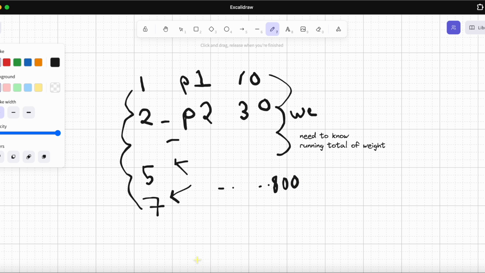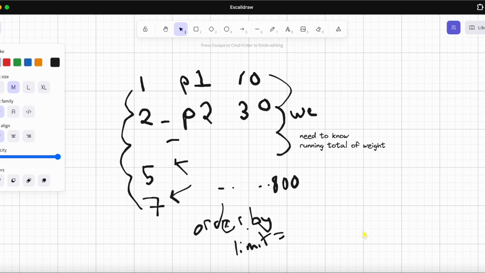And then since this is SQL, we can always order by, and then we can also limit, right?